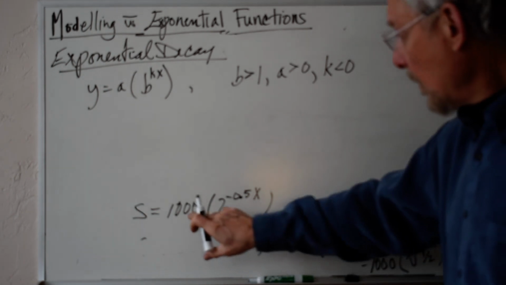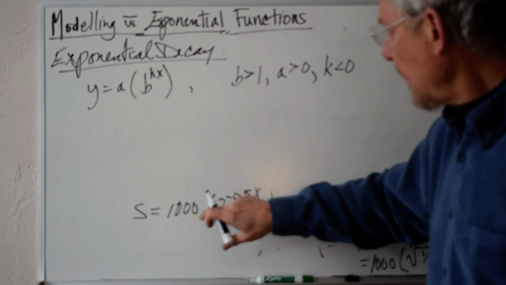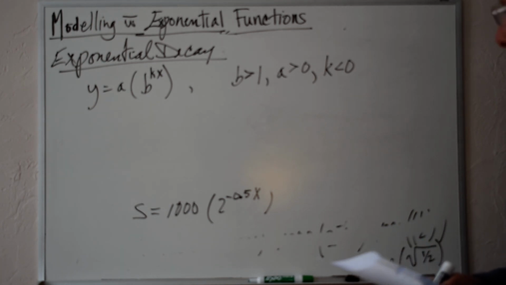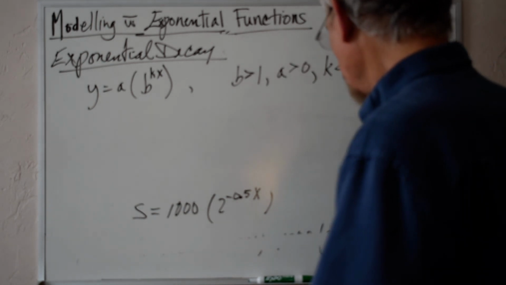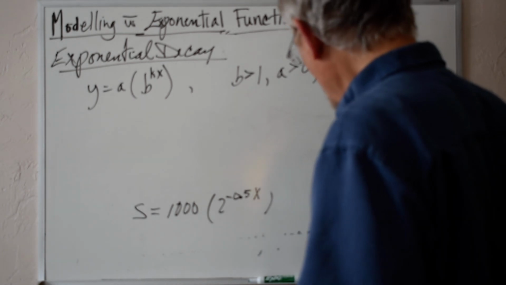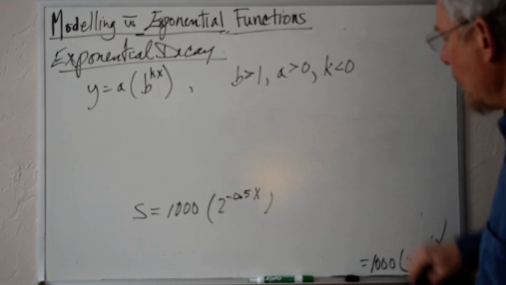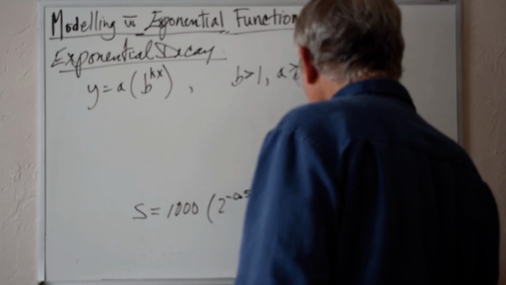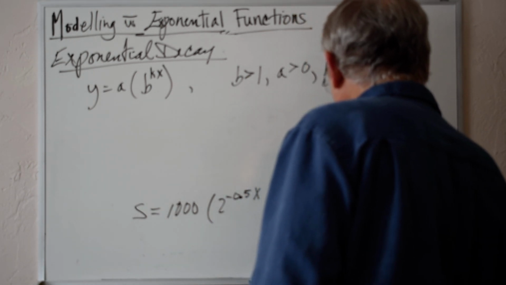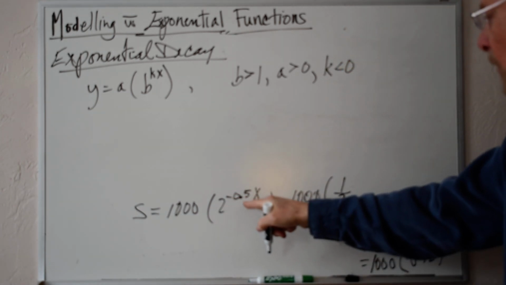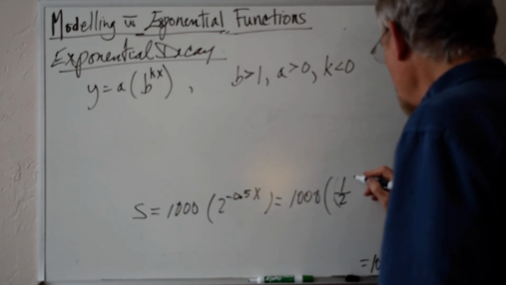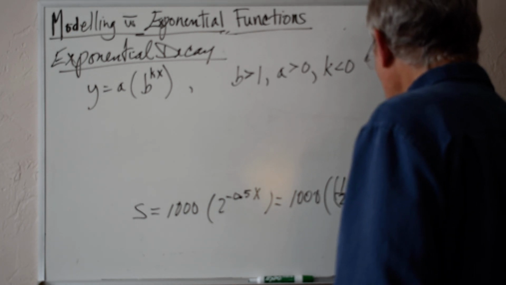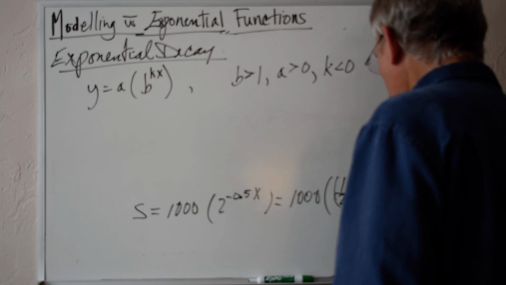And in fact the number playing the role of a is also greater than 1. So it matches up with that. But keep in mind, as I just showed you a minute ago, raising 2 to a negative exponent is the same as raising 1/2 to the positive version of that exponent.